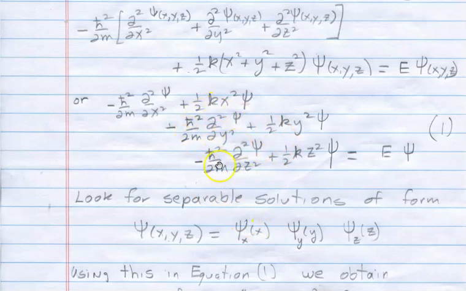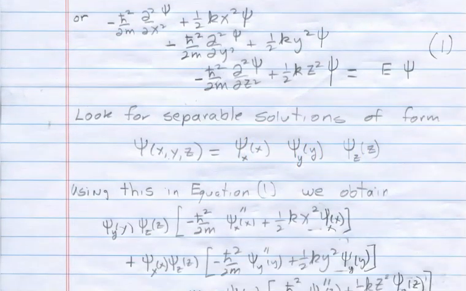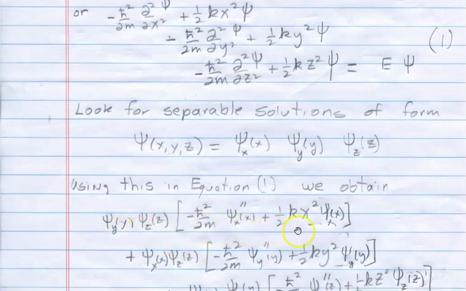And you'll notice that this first term only operates on psi x, so I can pull out the psi y and psi z. And so that first term becomes this.